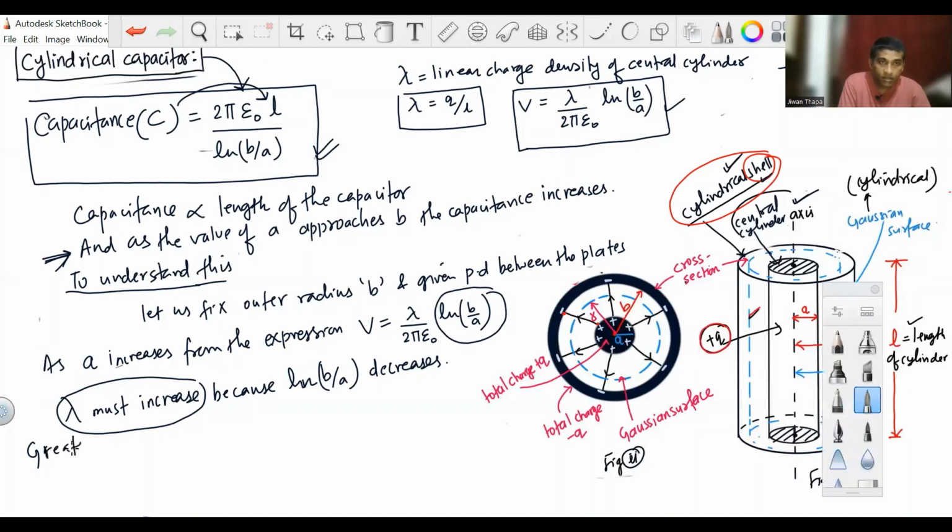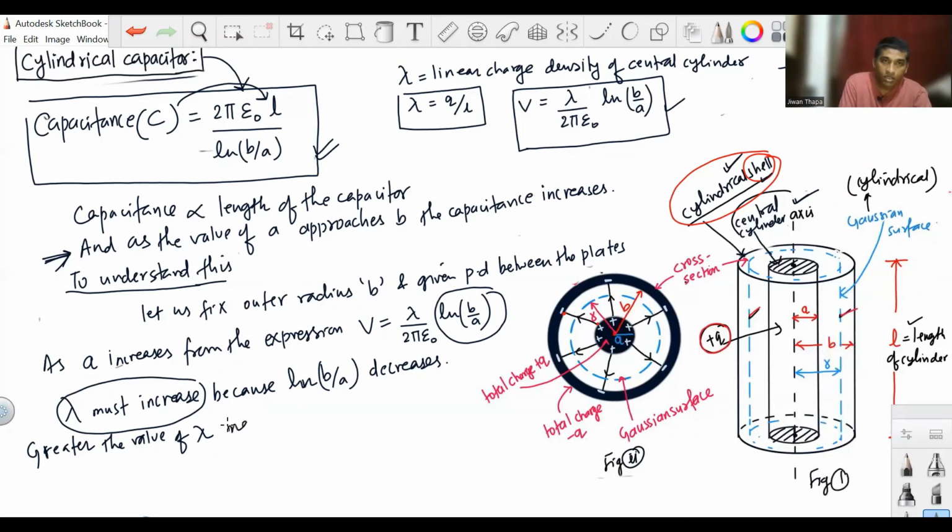So we can tell that greater value of lambda means that total charge stored for a given PD increases.